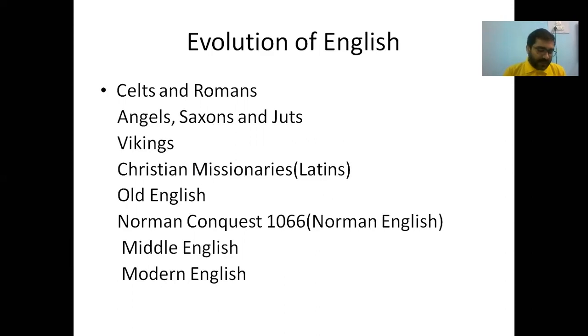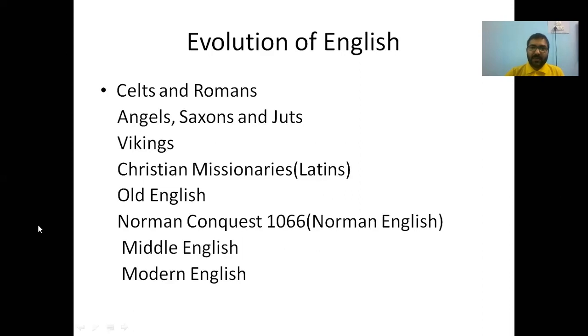The Angles, Saxons and Jutes used a Germanic language, and then after the Vikings, the Christian missionaries came. They used to speak the Latin language.